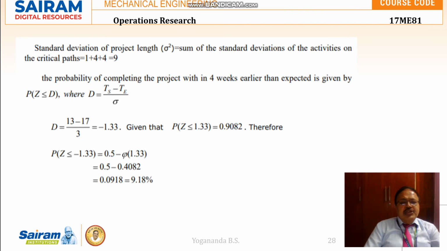For which we have the condition P of Z less than or equal to D. So D is equal to Ts minus Te divided by sigma. Here Ts is the scheduled time and Te is the expected time.